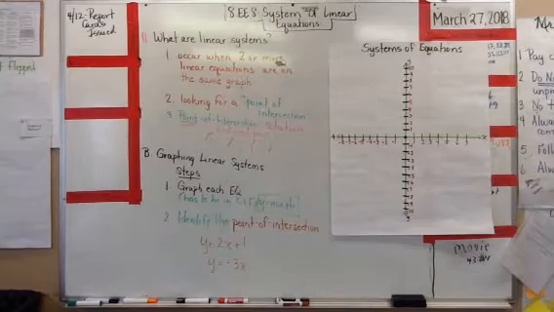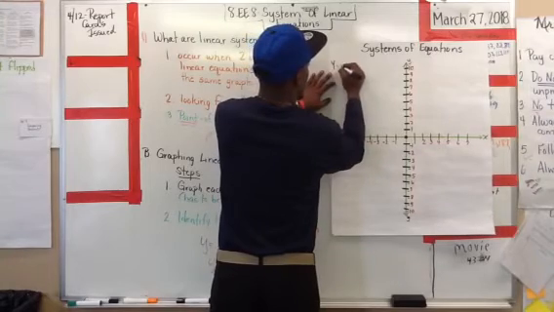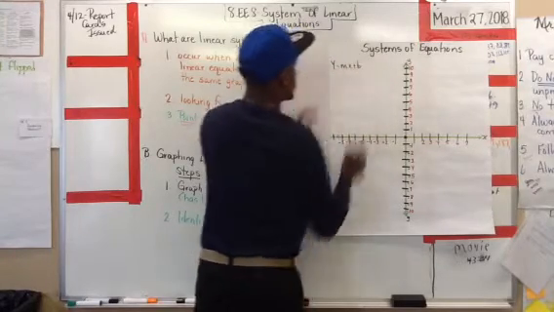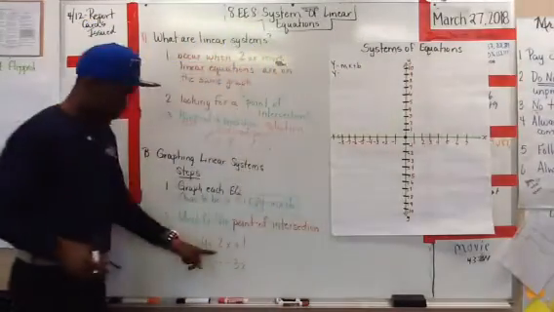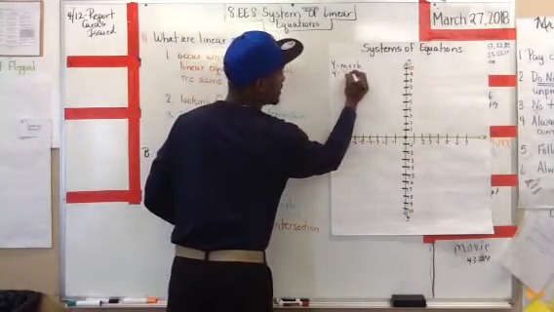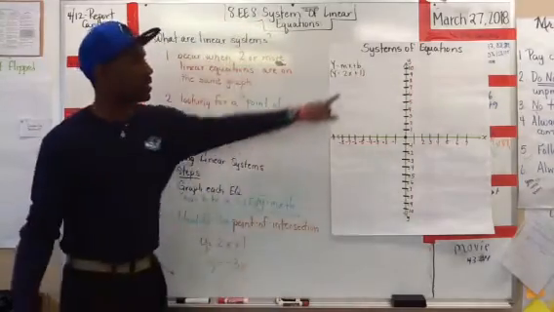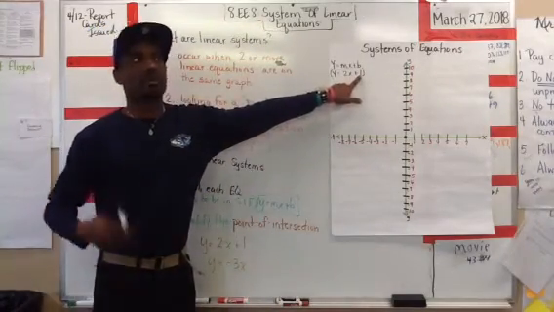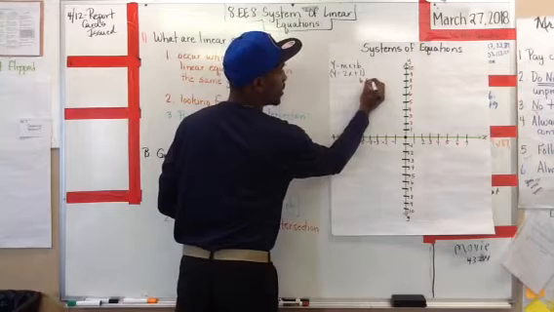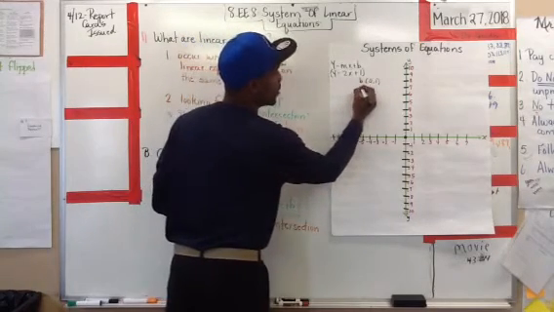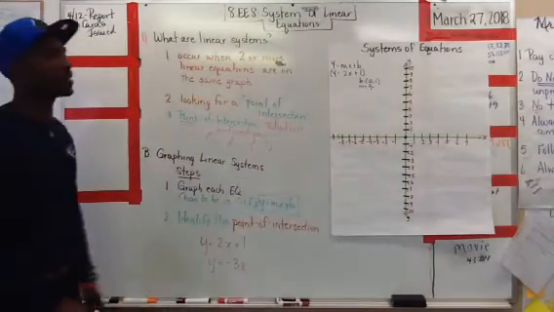If I line up y equals mx plus b with y equals 2x plus 1, yes, it is in slope-intercept form. My y-intercept is 1, written as a point, 0, 1. And my slope is positive 2 over 1, so we'll rise 2 and run 1 to the right since it's positive.